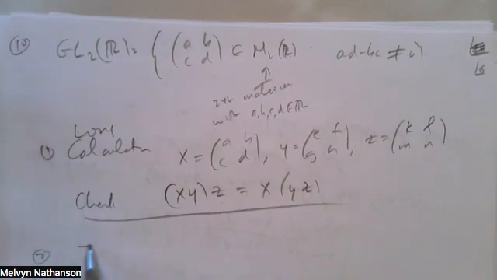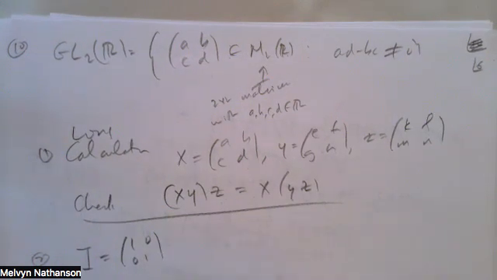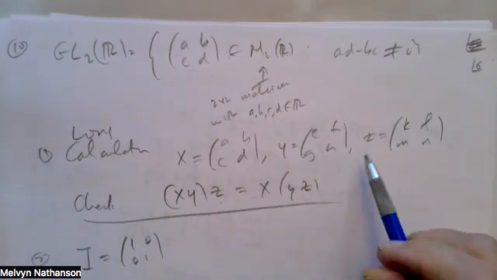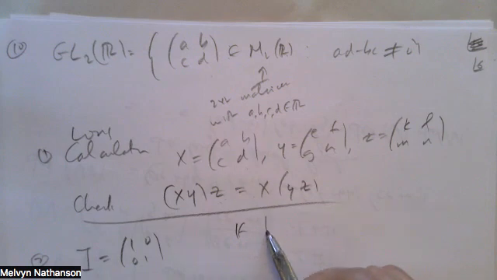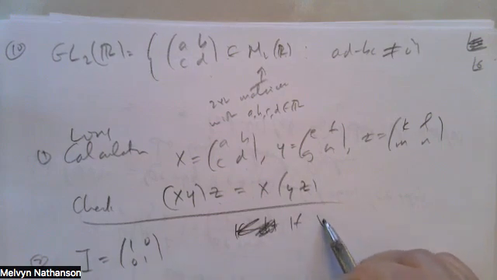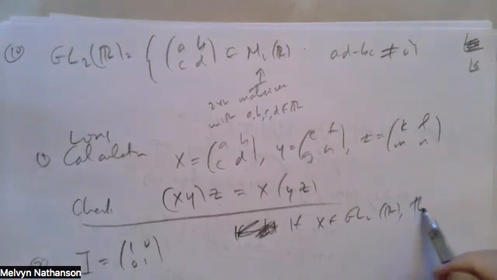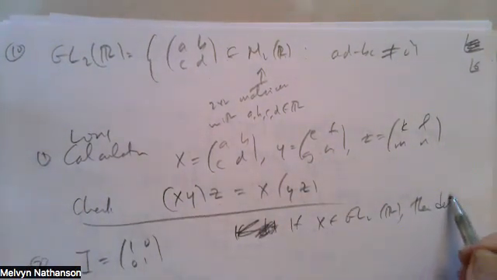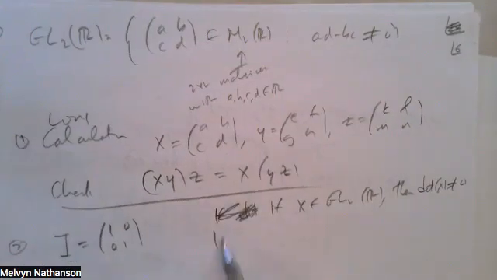Second, if I take the matrix 1, 0, 0, 1, oh, and by the way, first we have to show this is closed under multiplication. So here I have matrices X and Y. If X is in GL2R, then the determinant of X is not 0.